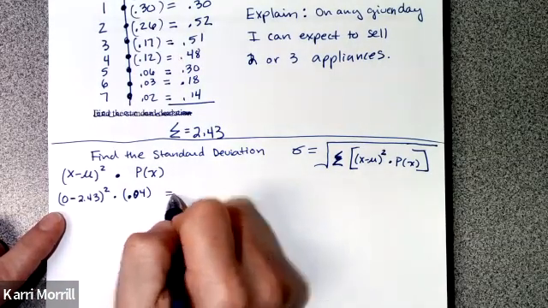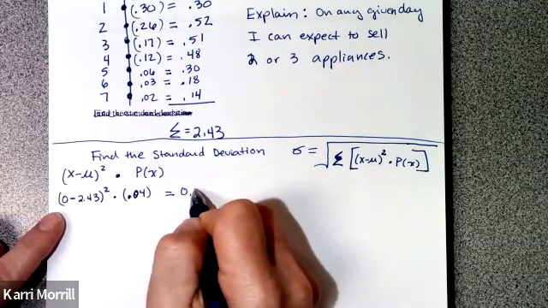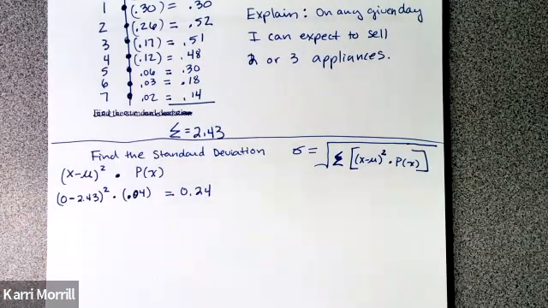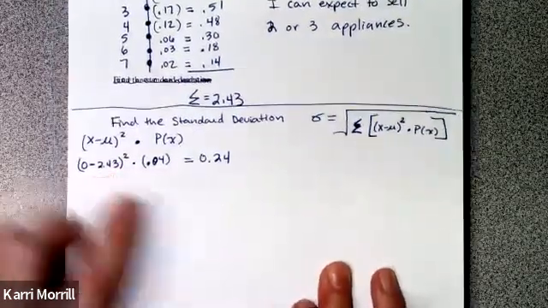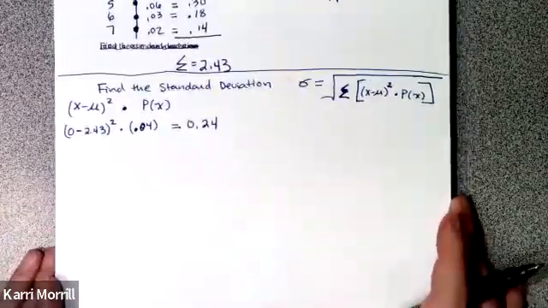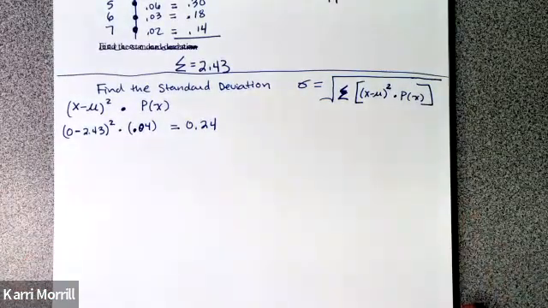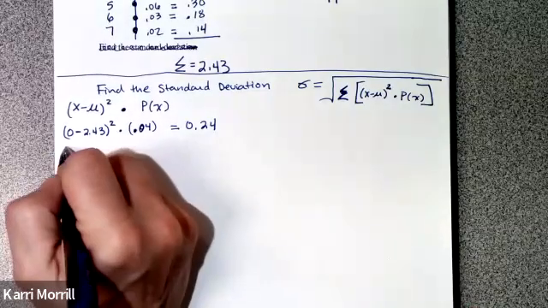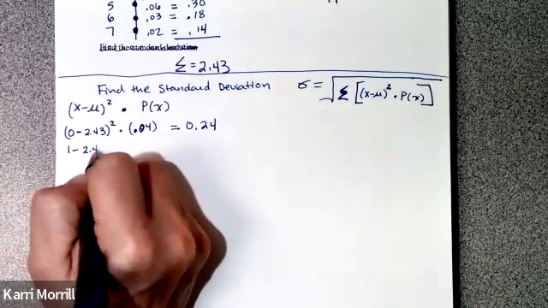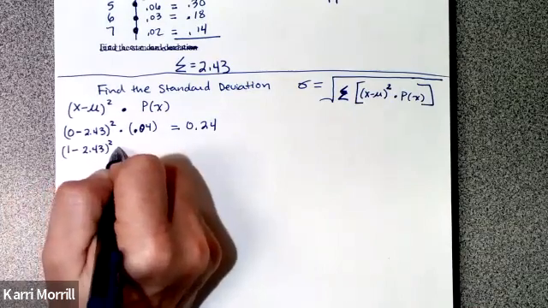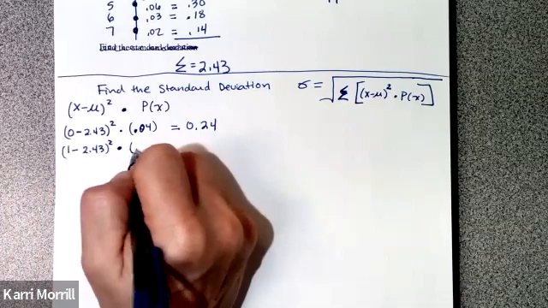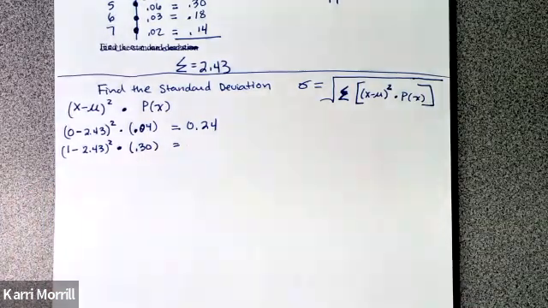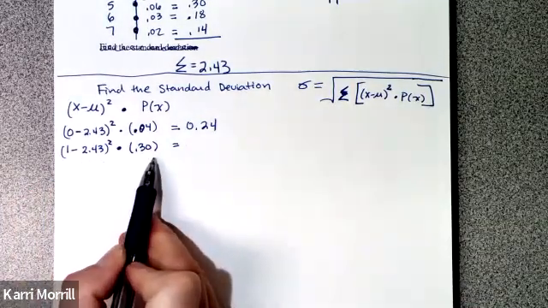And then we do that math, that's going to give us 0.24. So you need to make sure you put that in parentheses, otherwise you're going to get a funky negative, and I can't get a negative probability, right? Negative numbers can't happen, can't have a negative probability. 1 minus 2.43 squared times 1's probability, which was 0.30. So you're going to plug all that in your calculator.